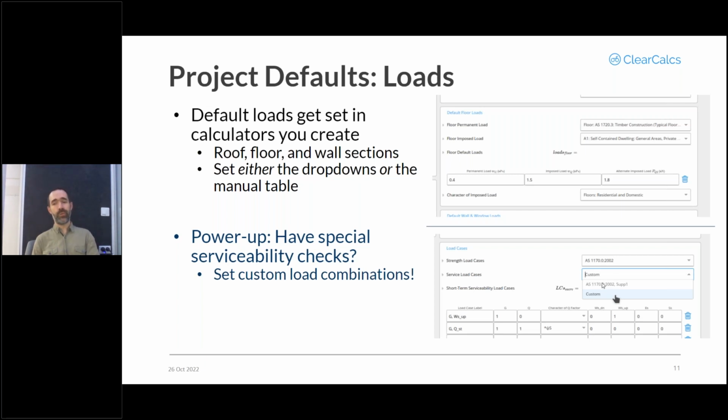By default, we'll use the AS 1170.0 commentary load combinations for serviceability, but you can edit these. You can use any load combination you want for your serviceability load combos.